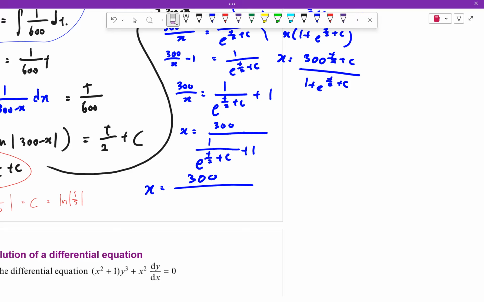Oh sorry, my mistake, this is e to the power of t over 2 plus ln of 1/5, plus 1, which is the same as 300 over e to the power of t over 2 times 1/5 plus 1, like that.